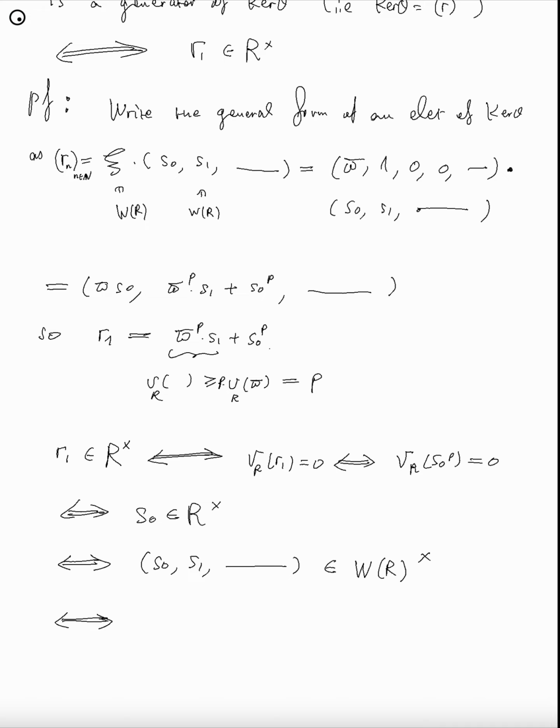And this is telling you that r differs from C by a unit, and so this generates our kernel of theta. And so we are done.